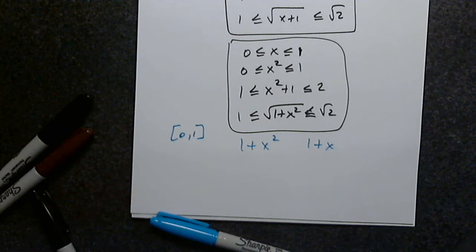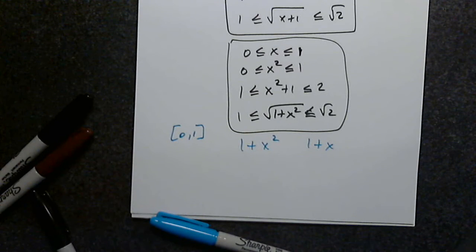Because when you square x, you get a tiny number. If you have numbers between 0 and 1, and you square those numbers, they are smaller than plain numbers between 0 and 1. Would you agree with that? Because 1/2, when you square, is 1/4, right? So for 1/2 in that interval, this is 1/4 plus 1, but this is 1/2 plus 1.